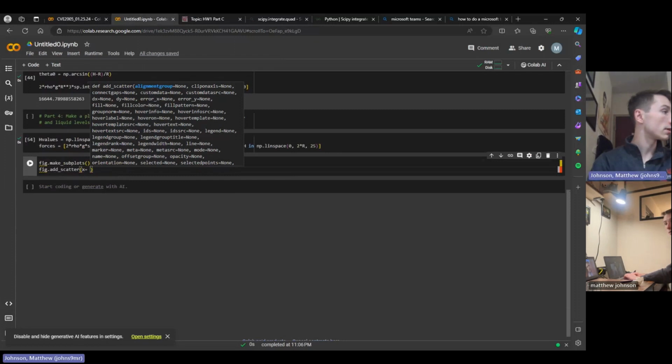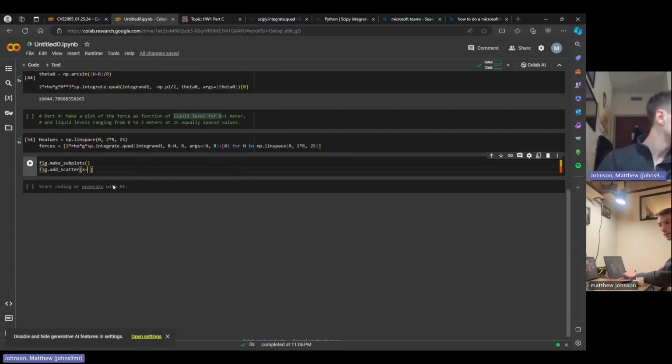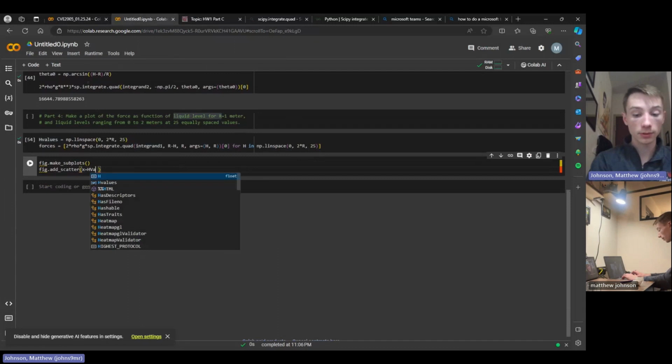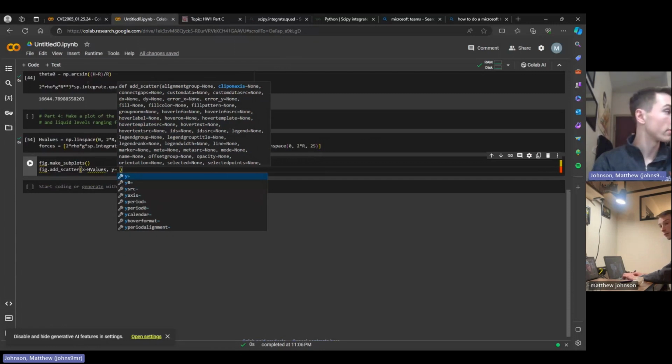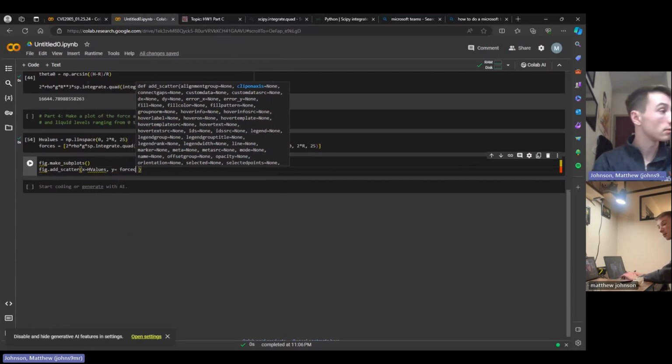What do we want our x values to be? It's too late for this. What do we have here? We want h values. That's what it's called. We want our y's to be our forces.